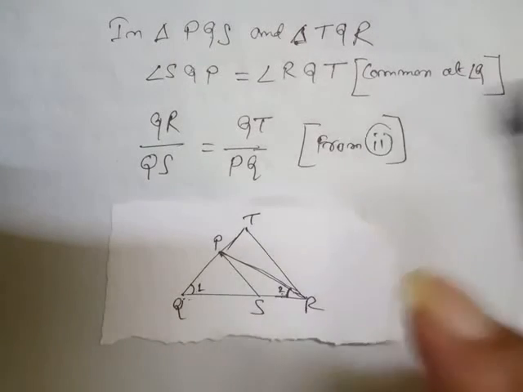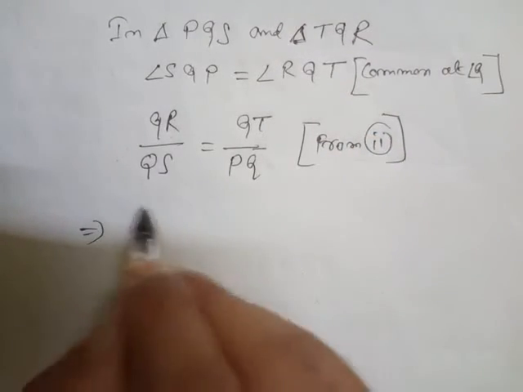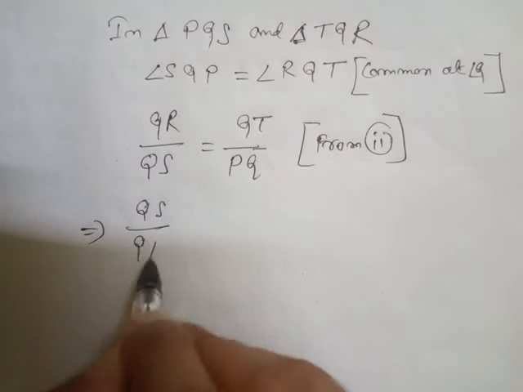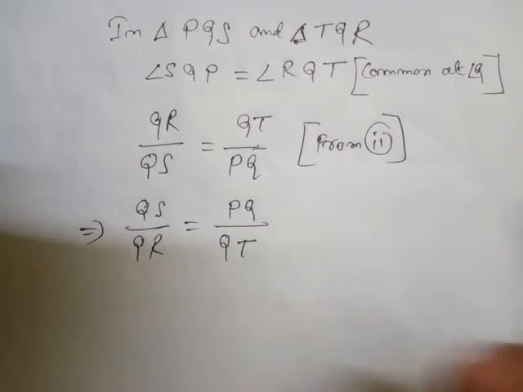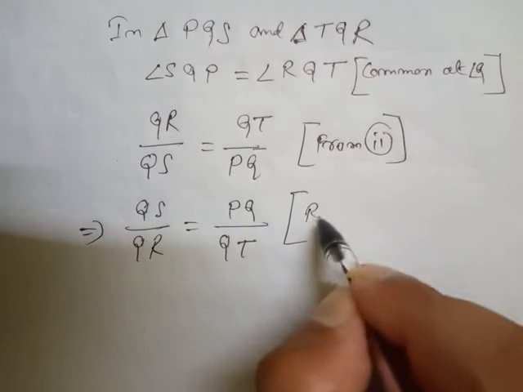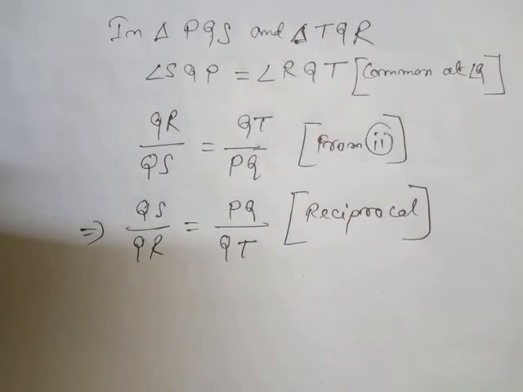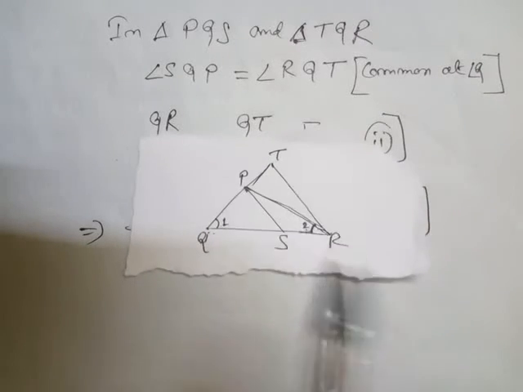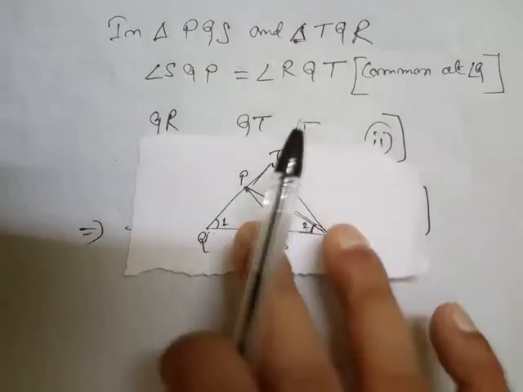If I go for the reciprocal here, then what will happen? QS by QR equals PQ by QT. I am writing here reciprocal. So the first one, angle SQP equals angle RQT, common at Q, is over.